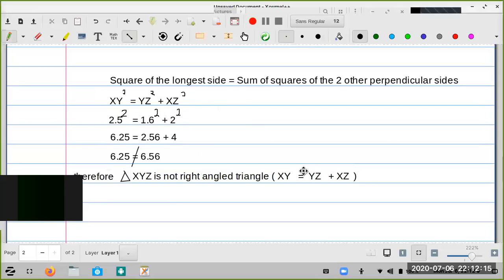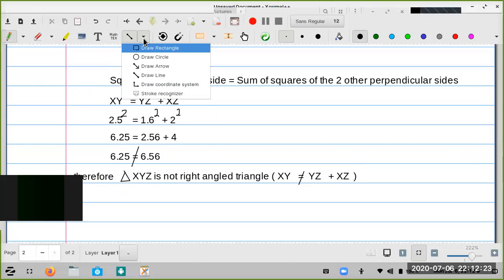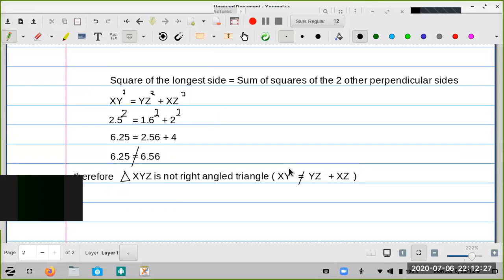I put a cross here since it is not equal. The square of the longest side is not equal to the sum of squares of the other two sides.